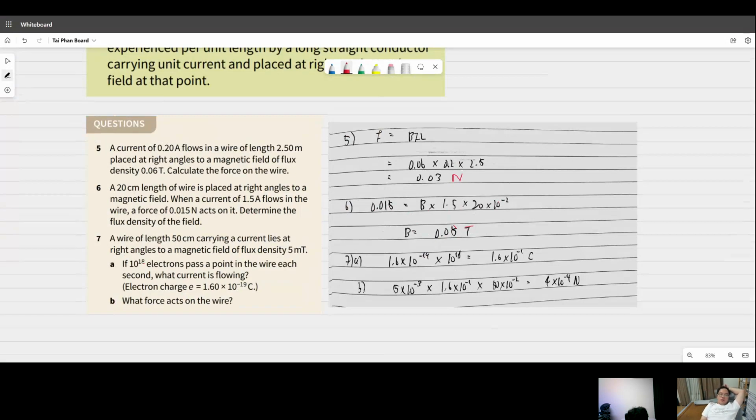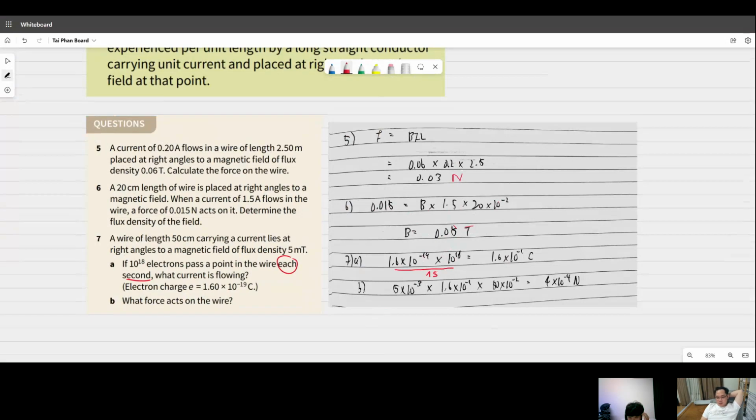Okay, 7. 10 to 18 electrons, carrying current. That is the charge of an electron multiplied by the number of electrons, which is the total charge. What current is flowing? The question is the current, in each second. You should not write divide 1 second, because it is basically the number of electrons per second.